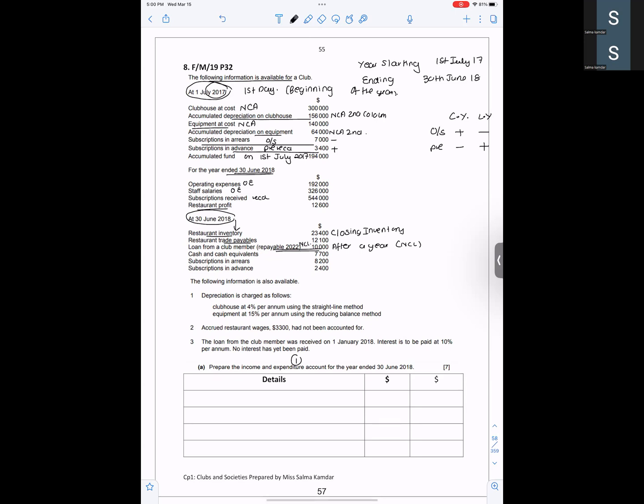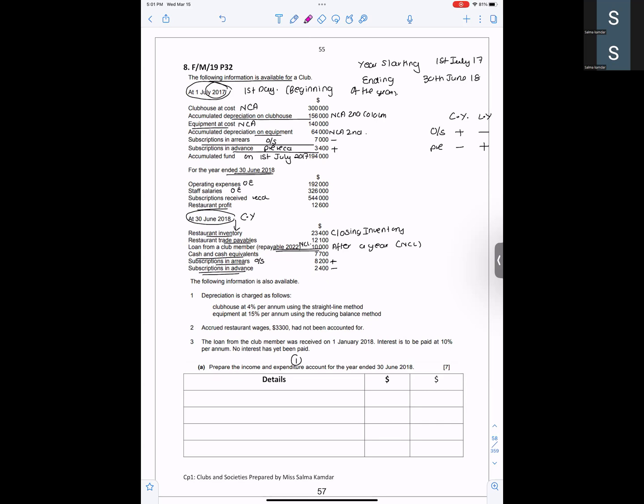I have closing cash. I have subscription in arrears, that is outstanding subscription of the current year. So this will be added and I have pre-received subscription of the current year. So this will be subtracted.